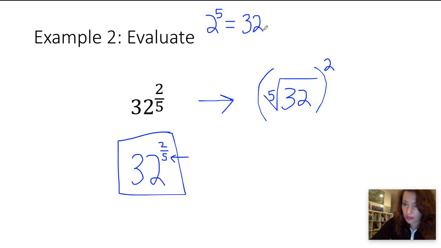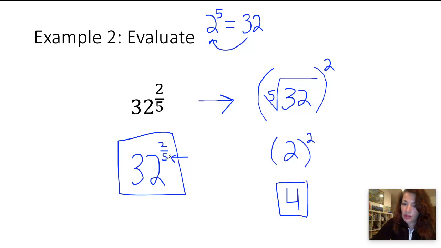So going backwards, because the opposite of raising a number to the 5th power is taking the 5th root, the 5th root of 32 would be 2. So I could just replace that with the number 2, and then I will square it, because the next step would be to square. So 2 squared is 4. So 32 to the 2/5 is equivalent to the number 4.